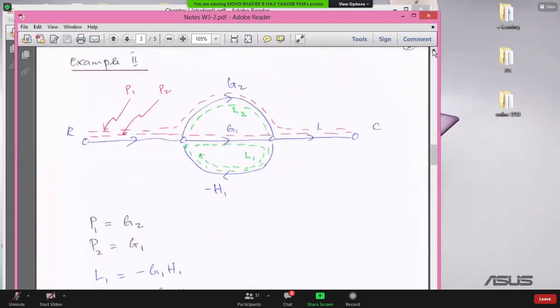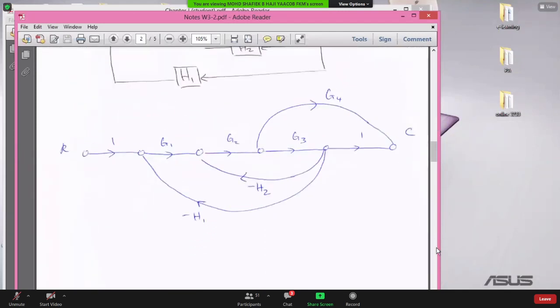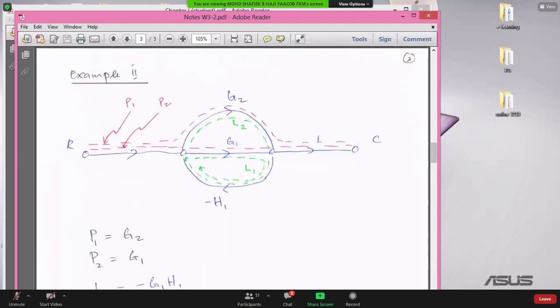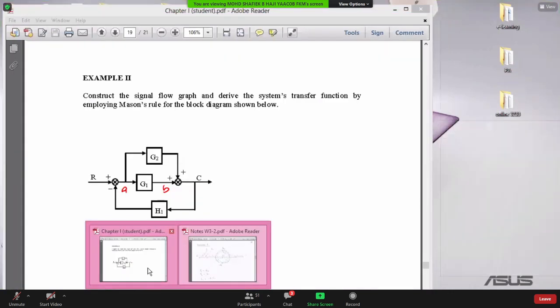Okay, so this is the disadvantage of not having the whiteboard. The blue lines here, the ones that I have drawn in blue, are the signal flow graph for this.